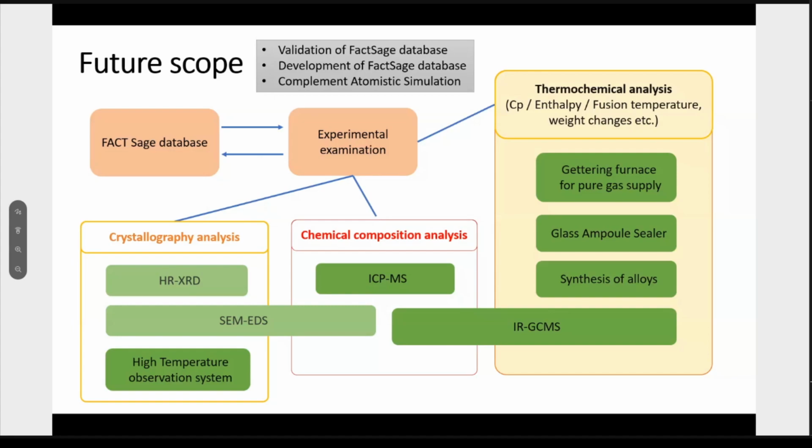The most important section is the thermochemical analysis section on the right-hand side, which is highlighted in yellow. First, the glass ampoule sealer, because we always have to consider the vapor pressures from the samples.